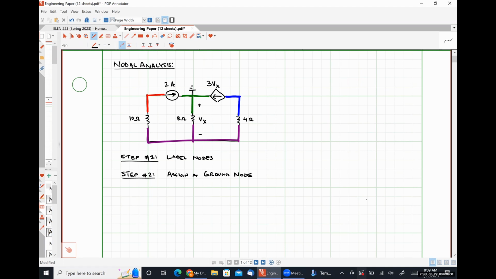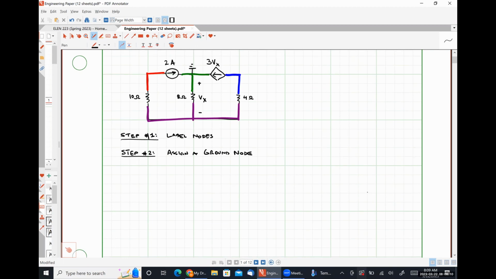Our third step is going to be for us to assign our nodal voltages.